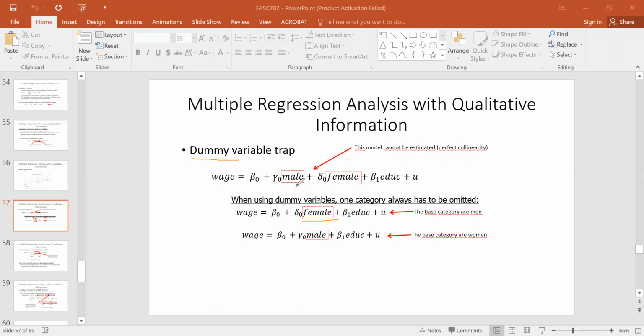If I'm supposed to represent all the months in the year, January, February, March, you have to leave one of them out as the base category. You cannot include a dummy variable for Monday, Tuesday, Wednesday, Thursday, Friday, Saturday, Sunday. No, include only 6 days of the week. If you want to see the effect of each day, you include a dummy variable for only 6 of them, and you leave one out. The one you leave out is your choice, totally up to you.